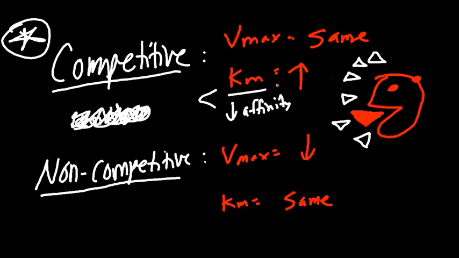So if you increase the Km, you're going to decrease the affinity of this enzyme because every so often it'll eat a red triangle, which will mean it's not as effective, which means its Vmax doesn't get reached as readily. We'll have to increase the substrate concentration to reach that half Vmax higher than normal.